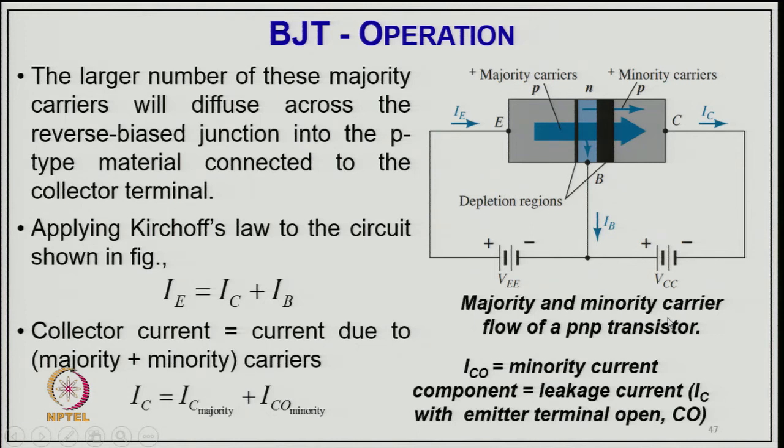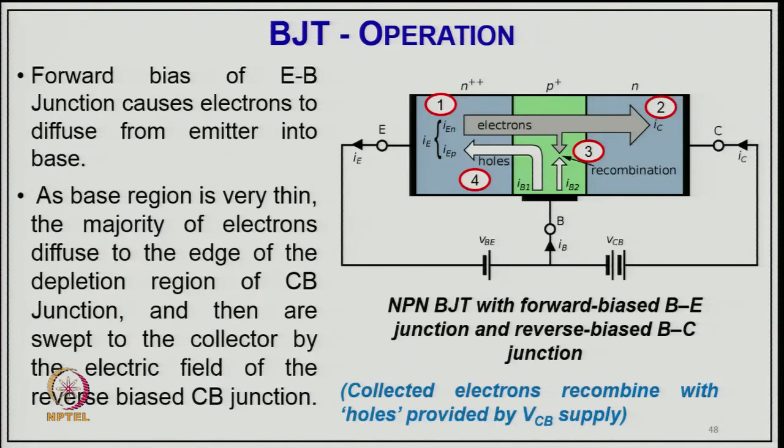So, the collector current is equal to the current due to the majority plus the minority flowing. We can call it I C equals I majority plus I CO minority, where I CO is the minority current flowing with the open circuit terminal, and this is the forward bias of E B.